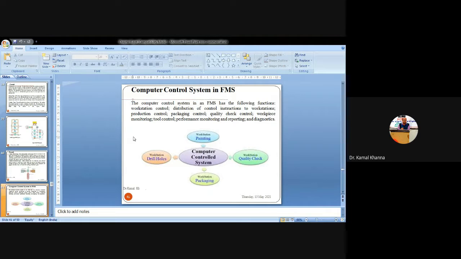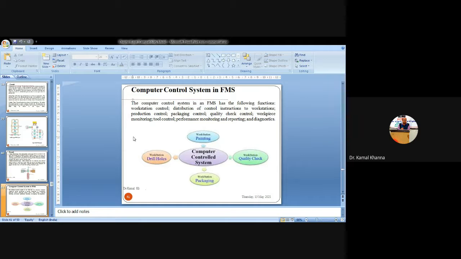So this is basically assisted by the computer control system. Similarly, in the industry also, any kind of engineer, supervisor, quality engineer or production engineer can check from the system at which stage a product is, whether at the quality stage, the production stage, or the packaging stage.